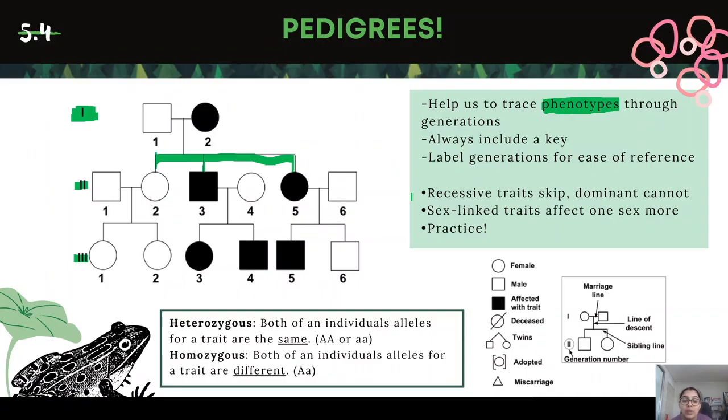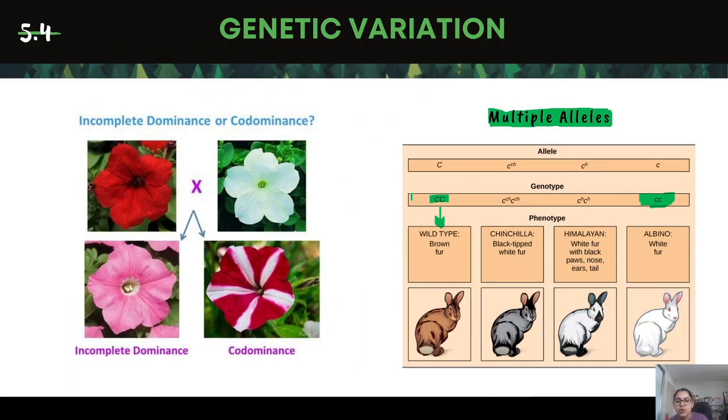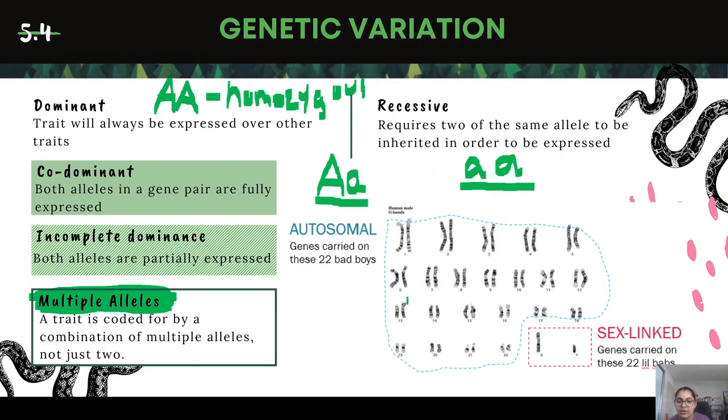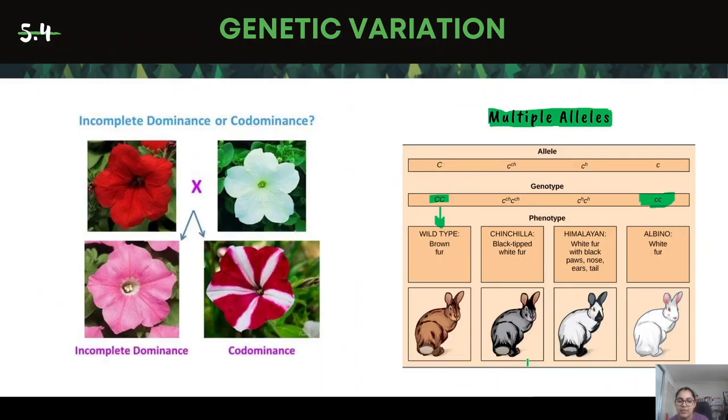Now, how do we tell if it is sex-linked versus autosomal? Autosomal traits are carried on these 22 pairs here. They're carried on the body cells. Sex-linked traits are carried on the sex cells right there.